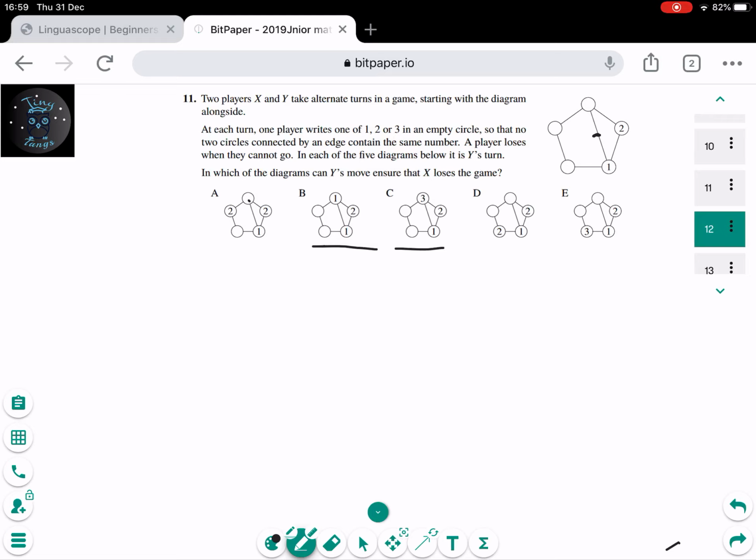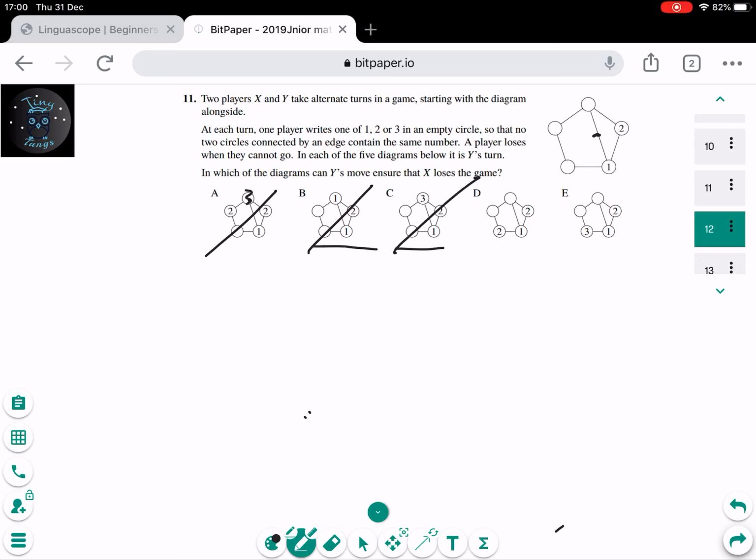So let's try A first. If Y put 3 in that box, then it wouldn't work because X could put 3 there. So A is cancelled out too.